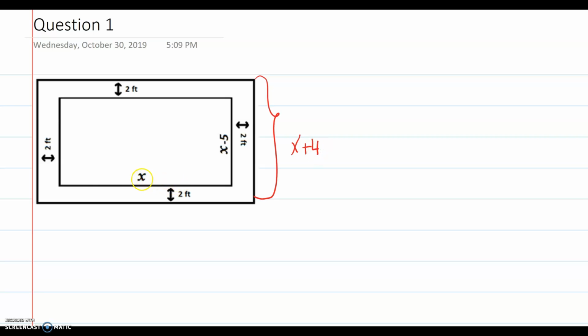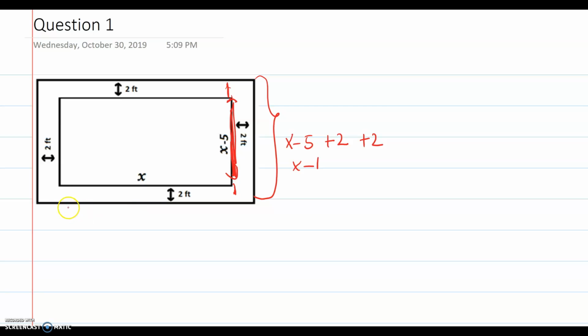Right? Because I have, oh no, not x plus 4 here. No, x minus 5 plus 2 and plus 2, that will be x minus 1. Because this portion is already x minus 5. This is that portion. And we are adding 2 feet at the top, 2 feet at the bottom. So that will be that length.